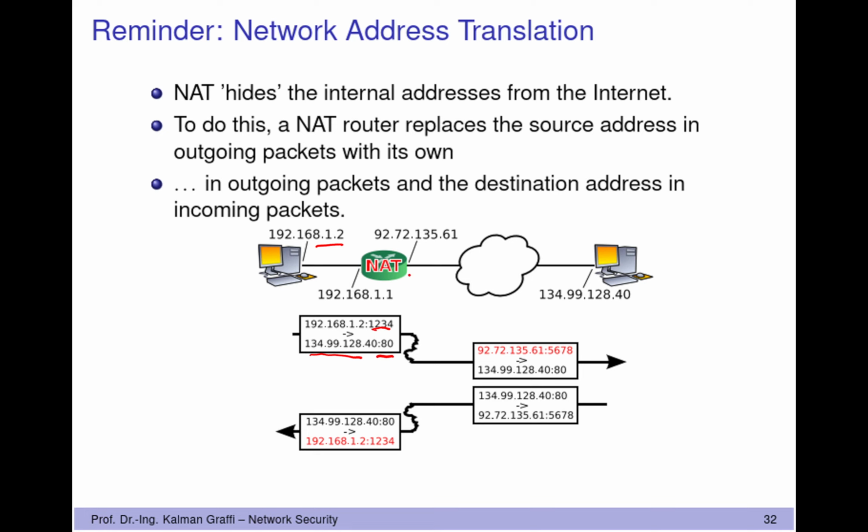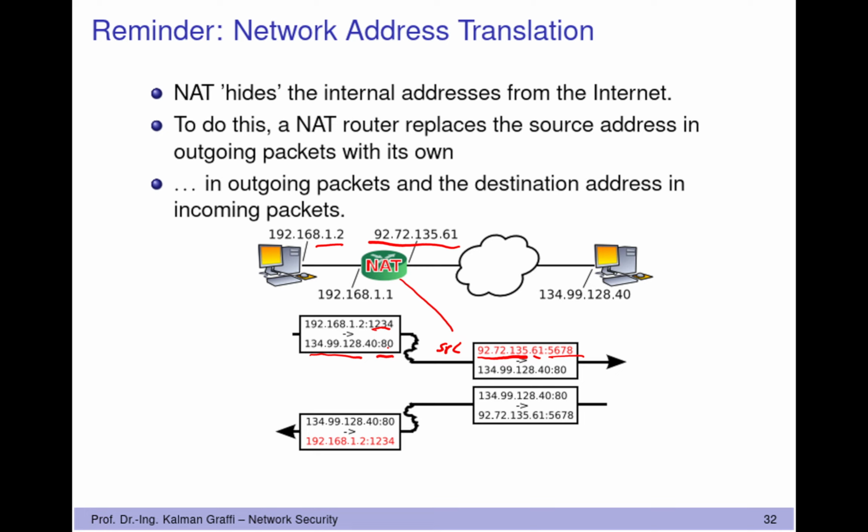And now the NAT creates the following: it replaces the internal IP address by the external IP address. So this is this, and it selects a port that it has available. So it also replaces the source port. So this is only the source information. And then it is sent out, so very similar to a proxy.